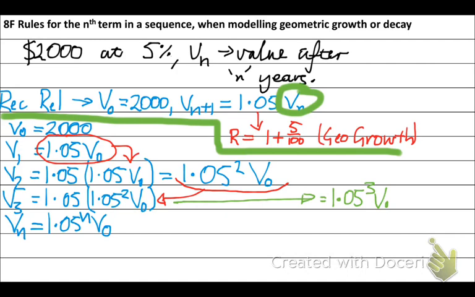For V of 2, we ended up with our rate squared. For V of 3, we ended up with our rate cubed. So for V of n, whichever term in the sequence we're looking for, we use that as the power: 1.05 to the power of whatever n is, times V of 0.